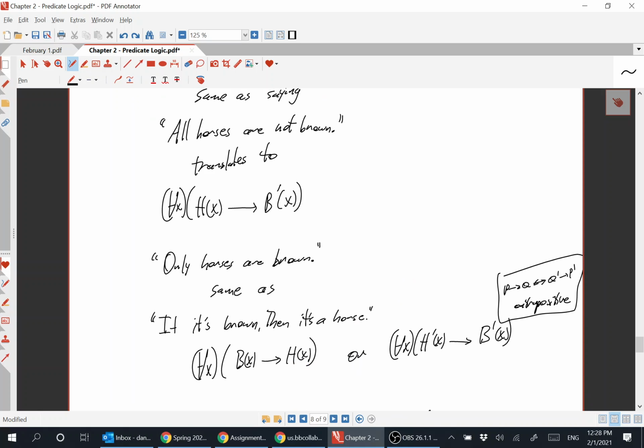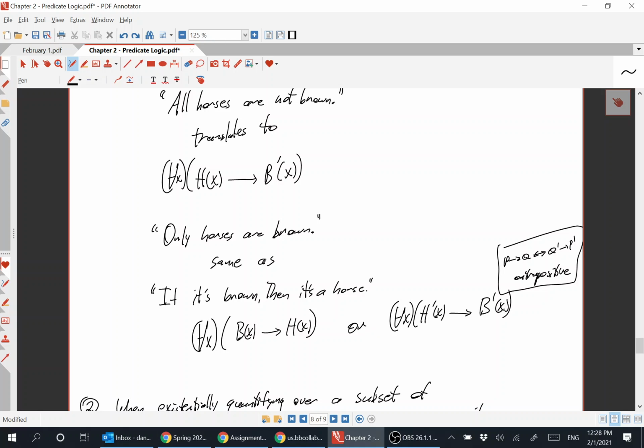Only horses are brown. This only construction is a little bit trickier. Only horses are brown, nothing else. Just horses. Not dirt, not bears, not chocolate, not whatever. Something is being quantified universally, and the thing being quantified universally are brown things.